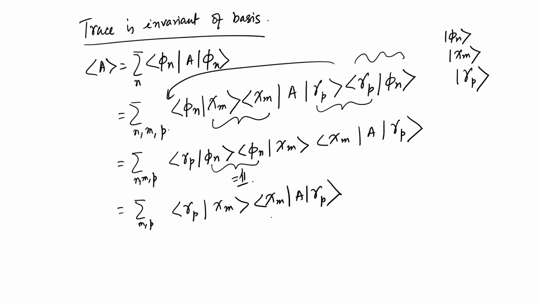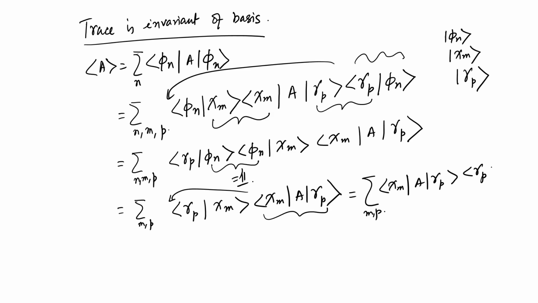And now, what we can do is that, again, this is an expectation value that can be brought here. So, this can be written as sum over m and p, we have this chi m A gamma p, and then we have gamma p chi m. Once again, I can use this outer product to be equal to 1, along with this summation over p. So, that leaves me with chi m A chi m.